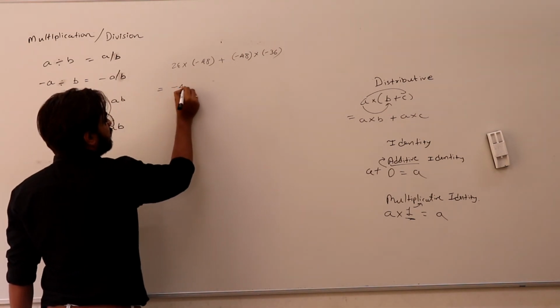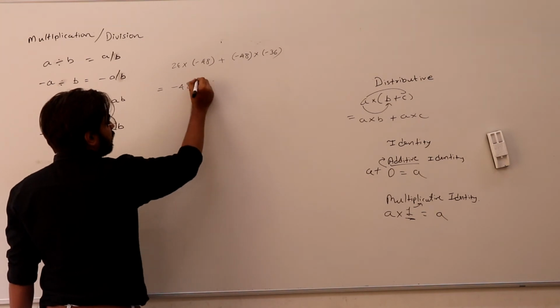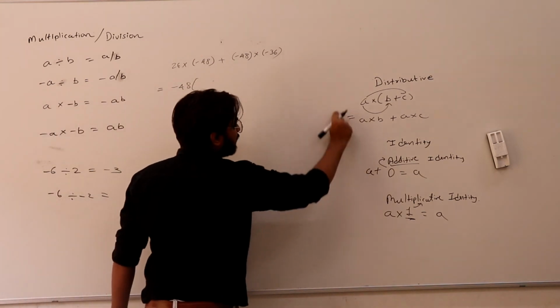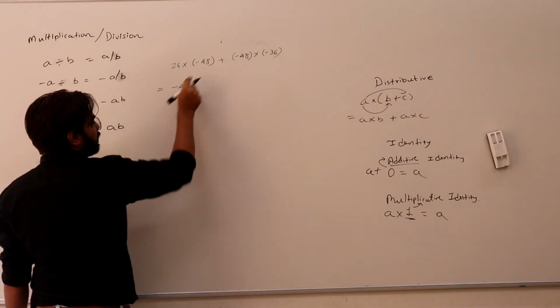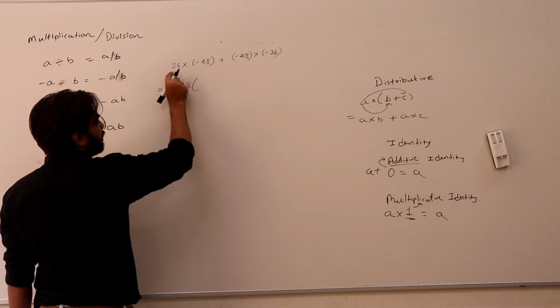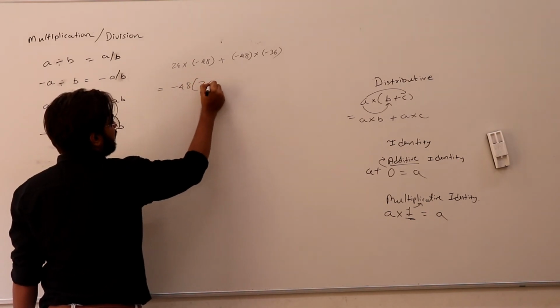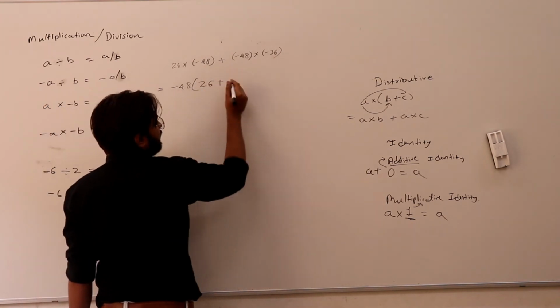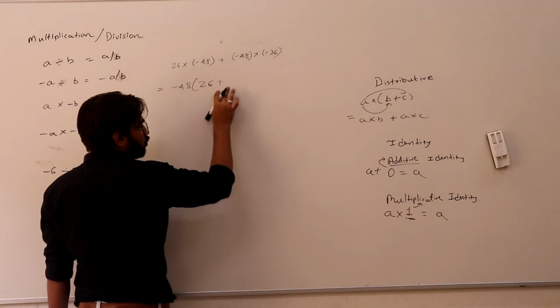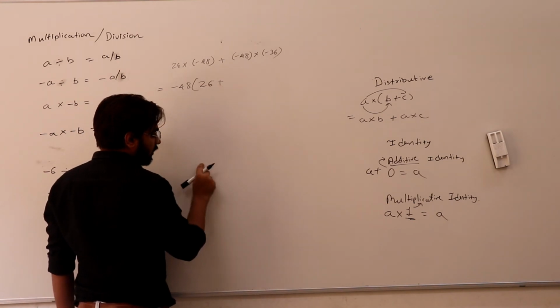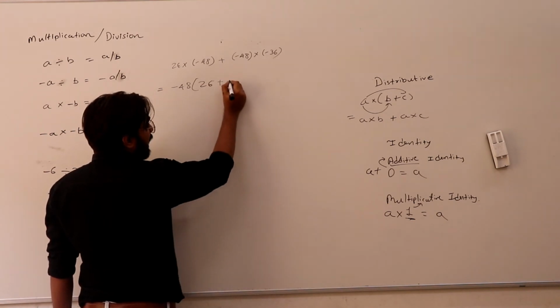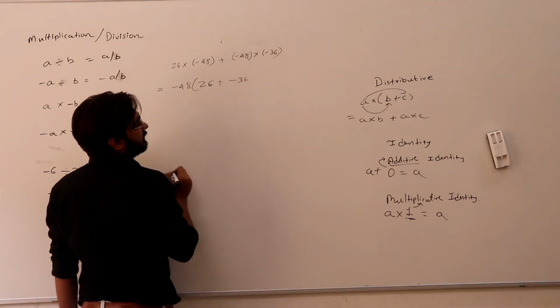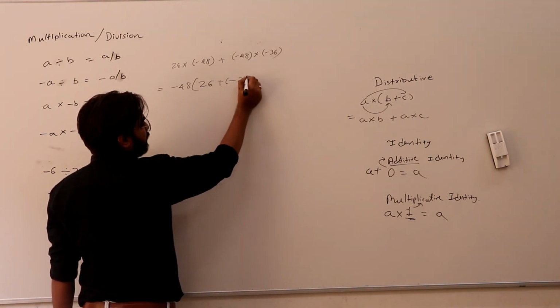Minus 48 is common, so it is taken common. We are applying the reverse. So minus 48 is common, remaining in the first term is 26, then the sign, then minus 36. Now whenever two signs come side by side, I cannot directly put minus 36 like this. I have to put a bracket.